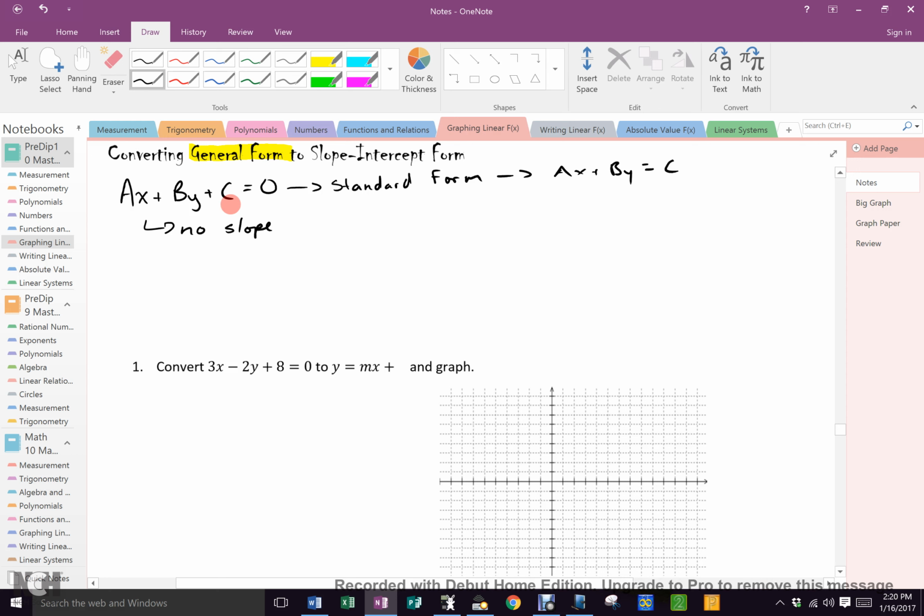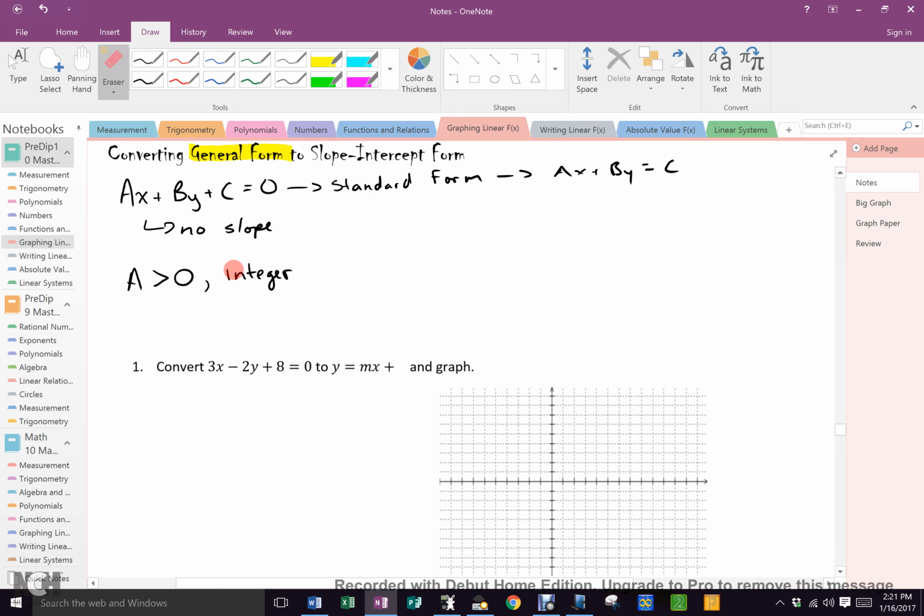So they are the exact same as point slope form, slope intercept form, except the following rules. A, that coefficient, has to be greater than 0, has to be positive. It has to be an integer. Everybody remembers what an integer is, right? No decimals, no fractions. Got it?